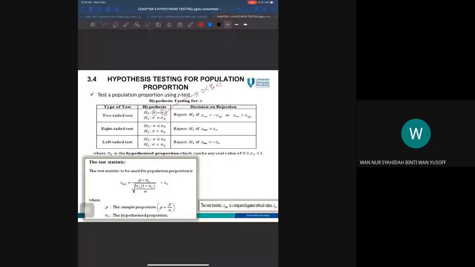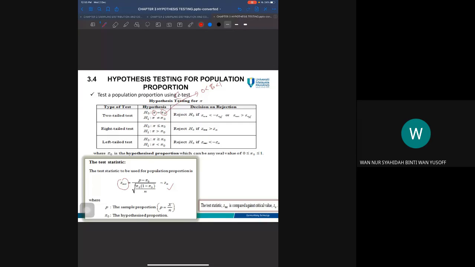Similar to the confidence interval, we have a single formula only, and we use the Z distribution. So here it will be Z. How do we find the p? It will be X divided by n, or it is already p in your question.